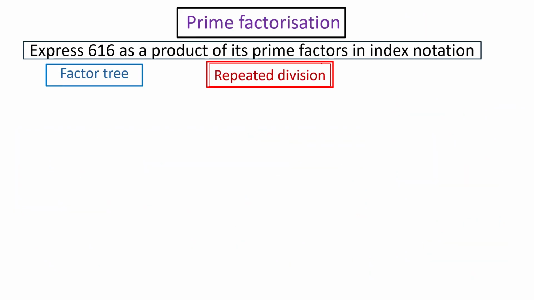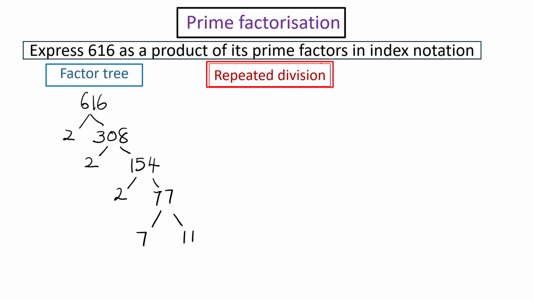Next up, let's look at how we can do prime factorization. Supposing we are asked to express 616 as a product of its prime factors and also to express it in index notation. How do we go about doing it? The two ways of breaking 616 as a product of its prime factors, we can do it using the factor tree.